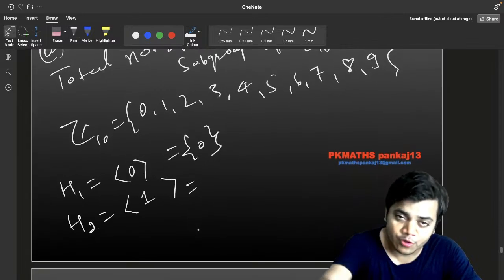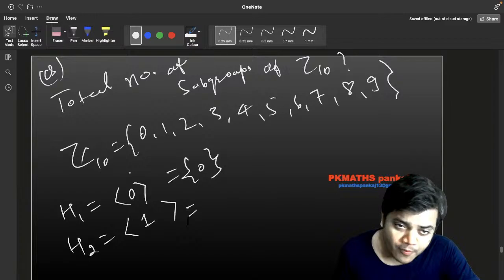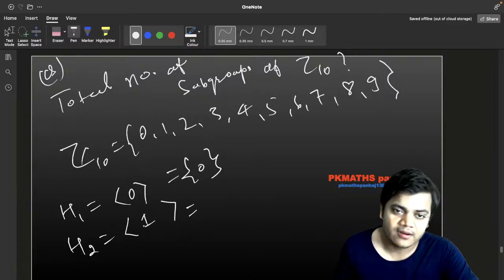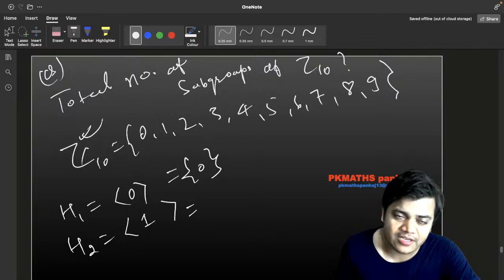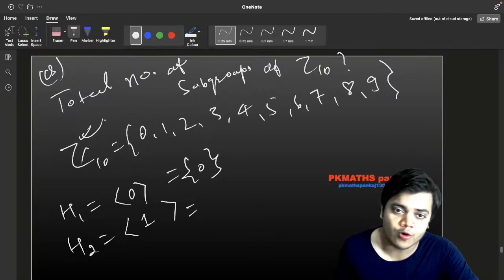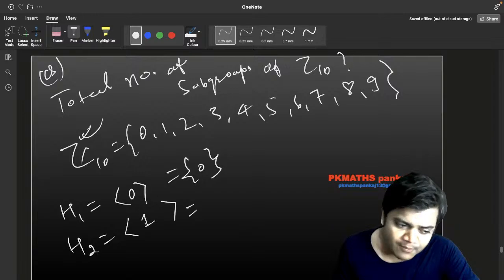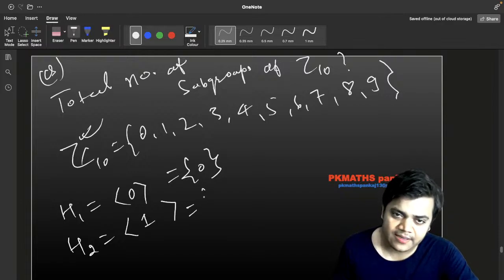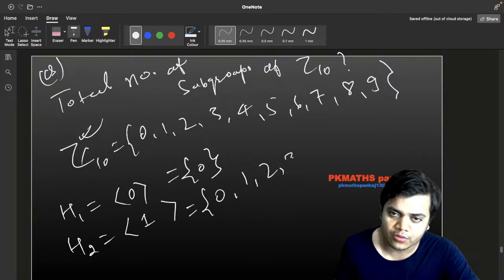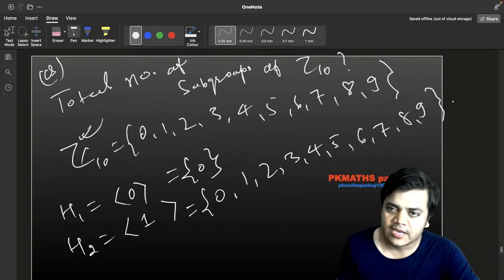Its binding operation is addition modulo 10, and you write every element of Z10 as an integral multiple of 1, and you just get Z10 itself: 0, 1, 2, 3, 4, 5, 6, 7, 8, 9.